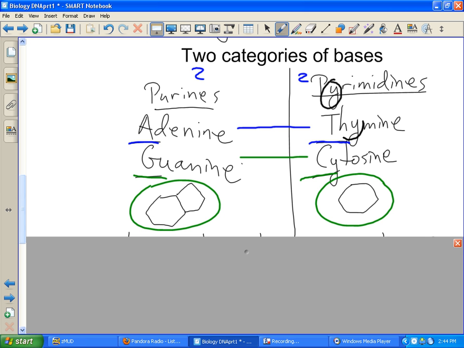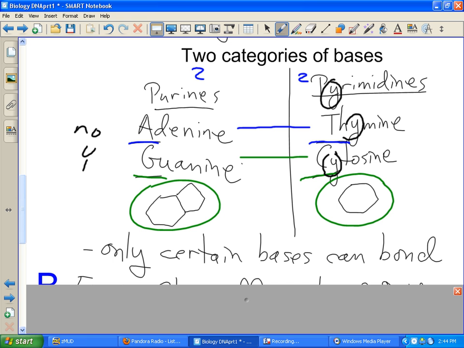So does thymine and cytosine. The other two bases, there's no Y. Okay, so any of them that have the letter Y in it are the pyrimidines. That's an easy way to tell. And only certain bases can bond together.